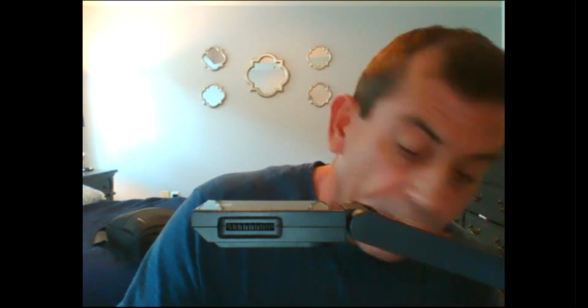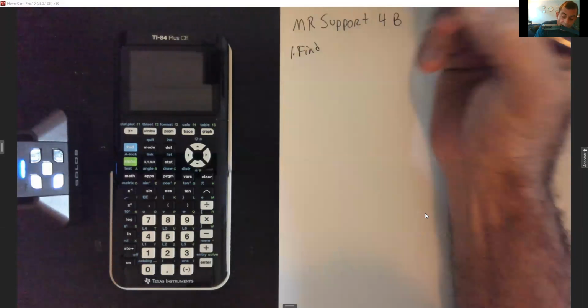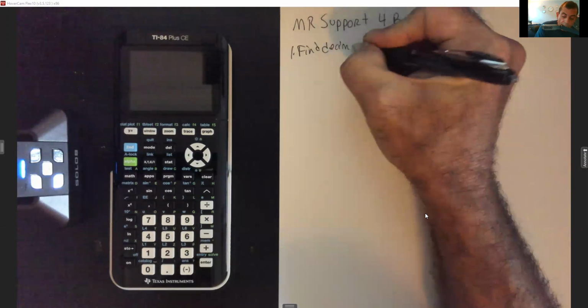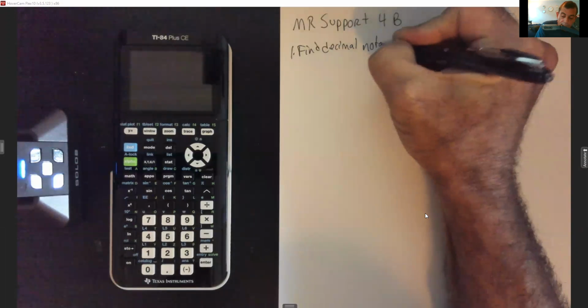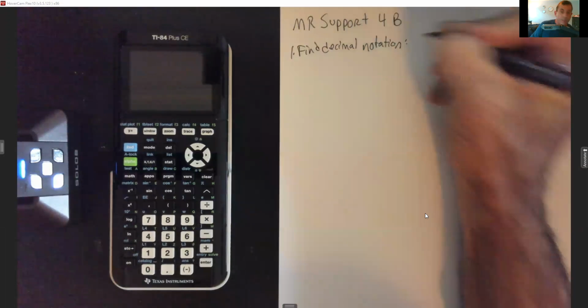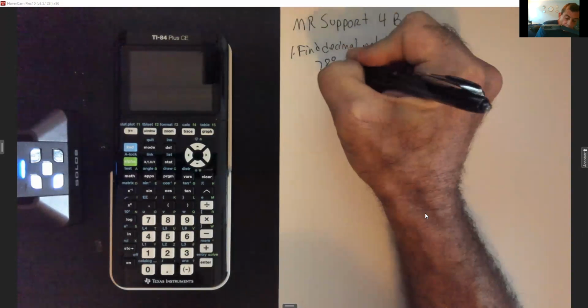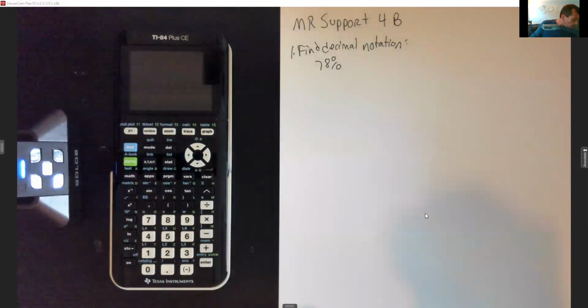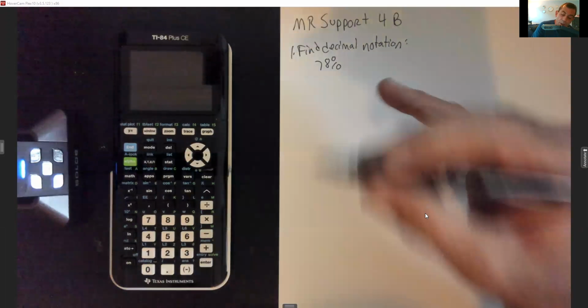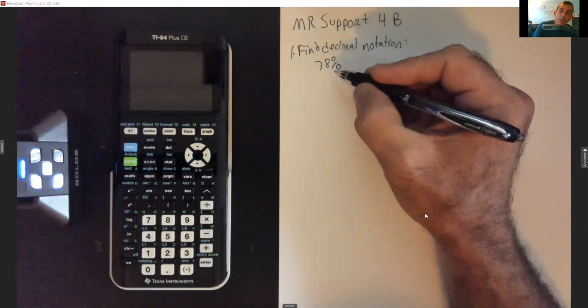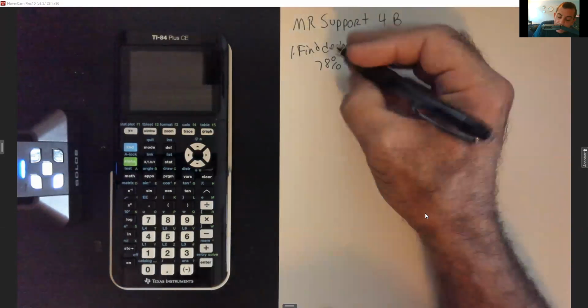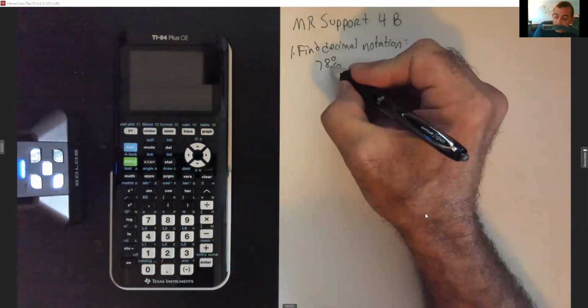So the first one wants me to find decimal notation, and this will be number one. All right, so find decimal notation of 78%. So to convert from a percent to a decimal, technically right now the decimal's behind the 8.